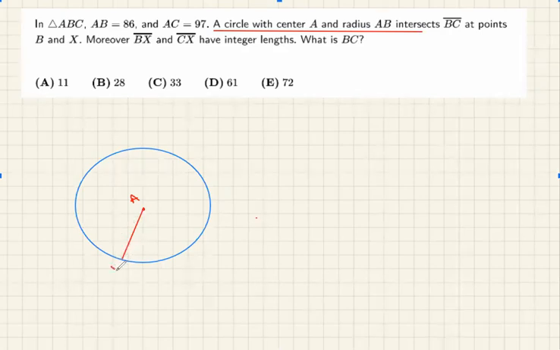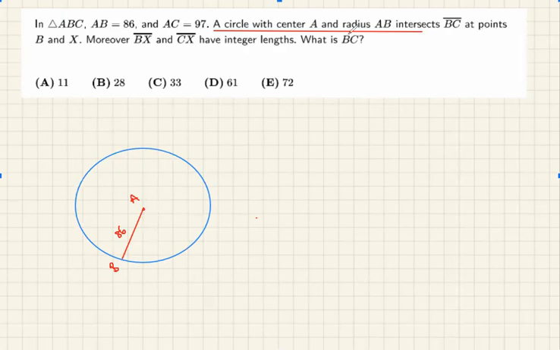Okay, so this is B and this is 86. And we are told AC is 97. 97 is a bit longer than 86, which means the other side would be outside of the circle.